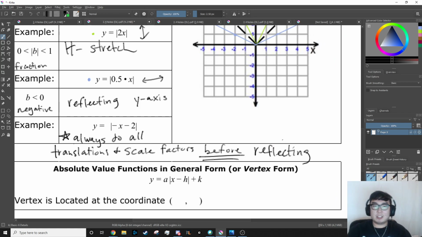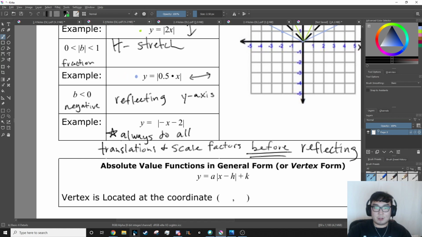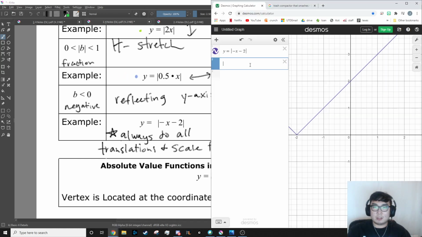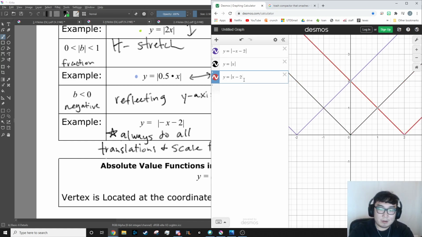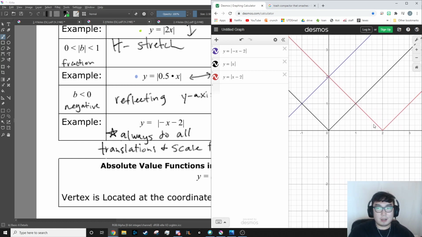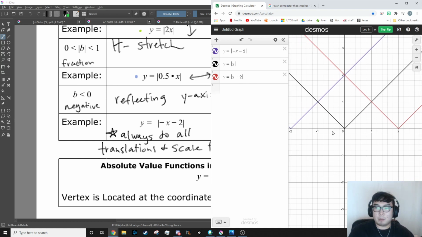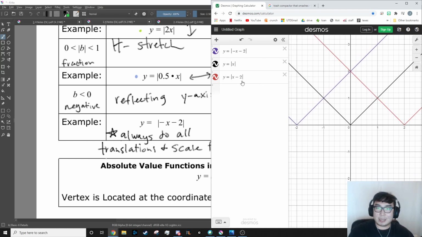And that's because if I reflected it over the y-axis when it was just here, y equals the absolute value of x, it wouldn't have gone anywhere. But if I did y equals the absolute value of x minus 2, which I learned recently goes towards the opposite direction of what it looks like, the positive direction, it looked like the purple graph reflected after I applied my translation, which is true.